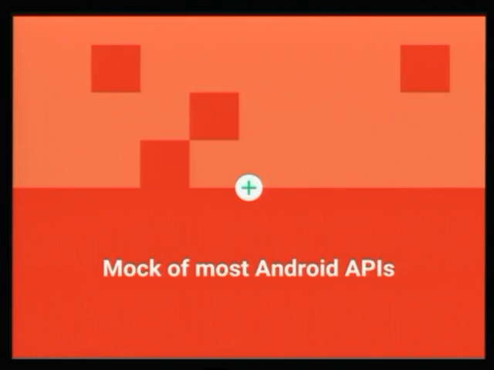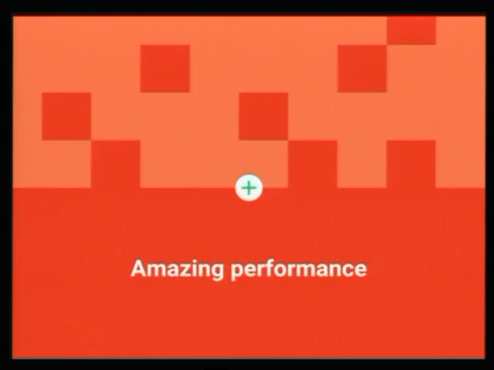So that's very nice. It mocks most of the Android APIs. It has amazing performance. The bottleneck is on the first run of the test, which is downloading the mock library from Maven, I believe. But after that, it just runs like any other JUnit tests.